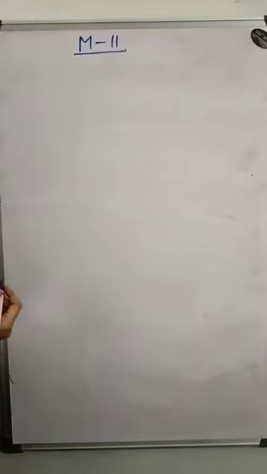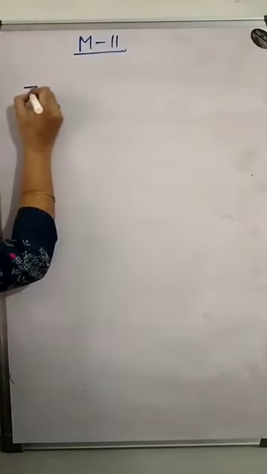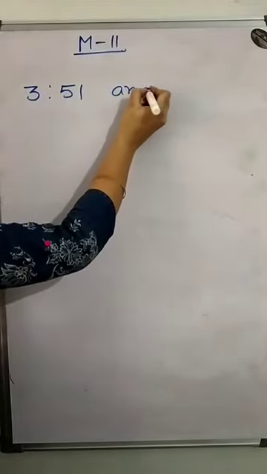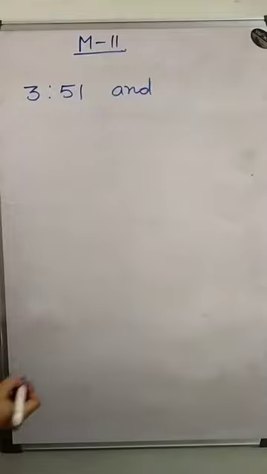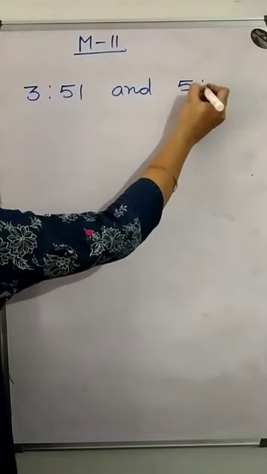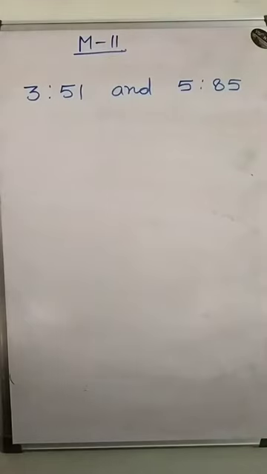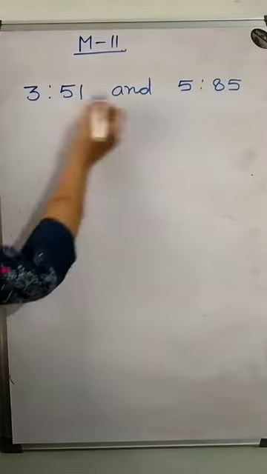Now come to module number 11. Here you have to compare two ratios, 3 ratio 51 and 5 ratio 85. How do we compare these ratios? First you write them in the form of a fraction.